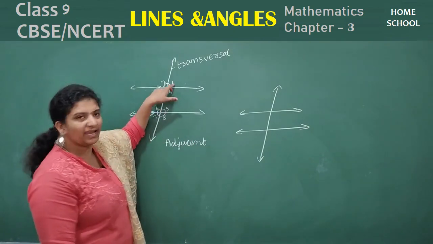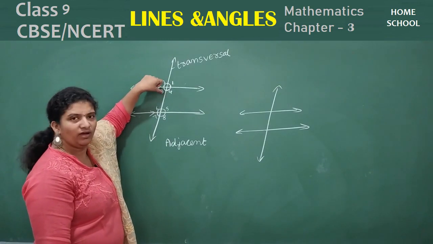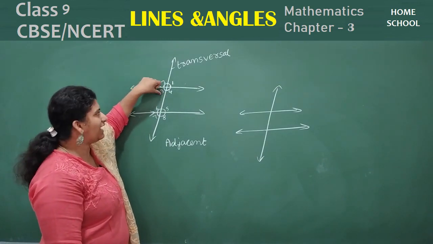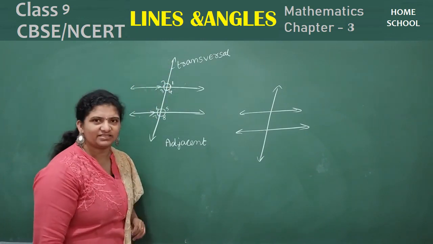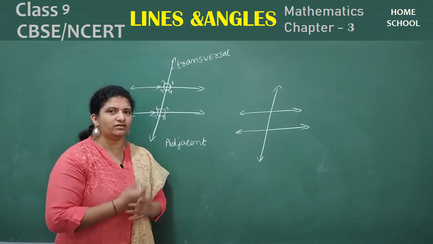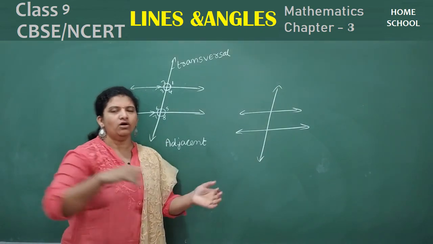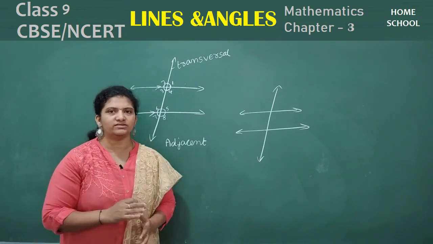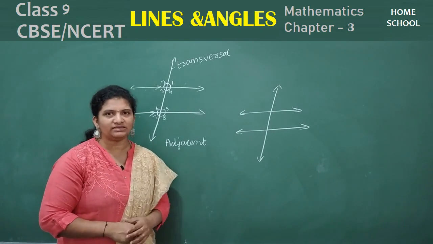So look here. Angle 1, angle 2 adjacent. Okay. Angle 2, angle 3 adjacent. Angle 3, angle 4 adjacent. Angle 4, angle 1 adjacent. Adjacent means every pair, this side fellow you can say, he is sitting near you. Suppose Ramu, Ravi, Rohan, three people are sitting.